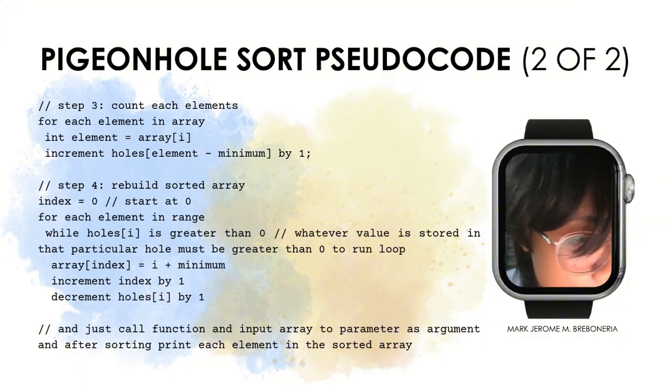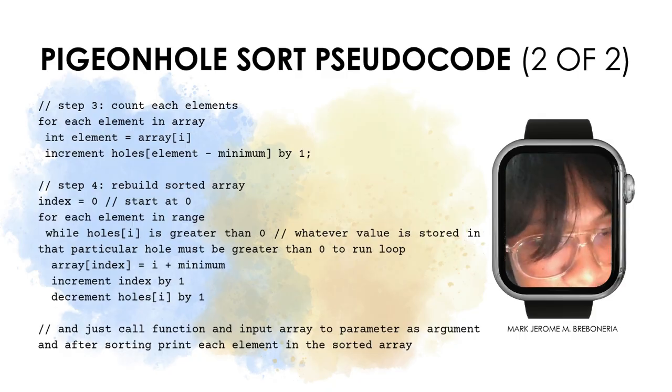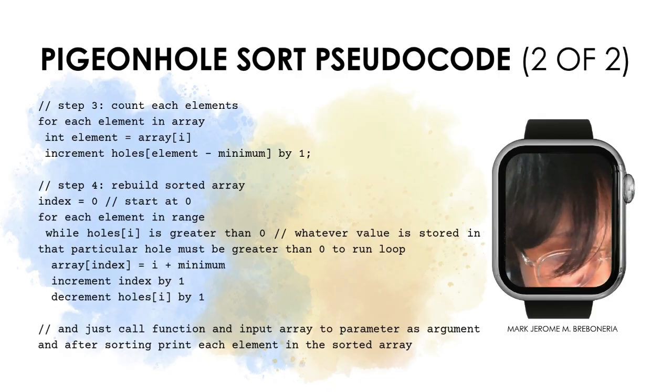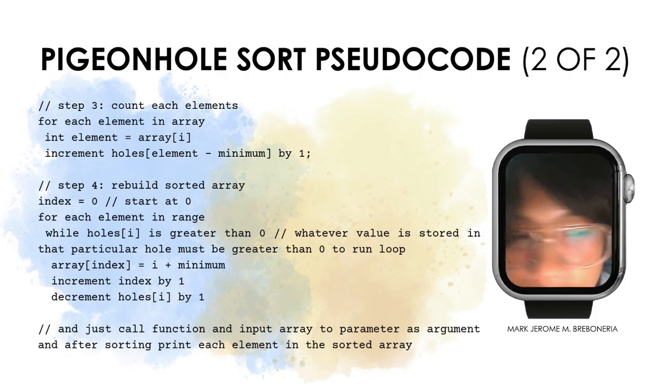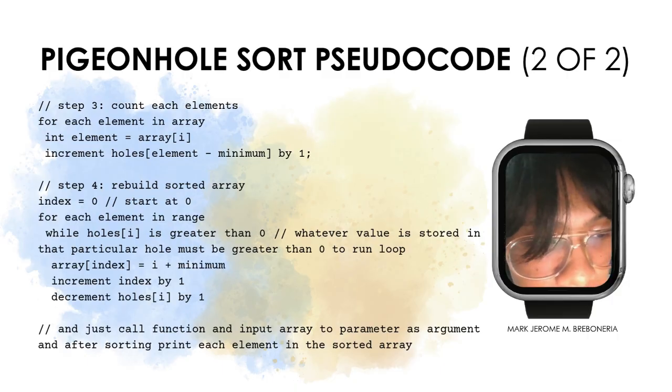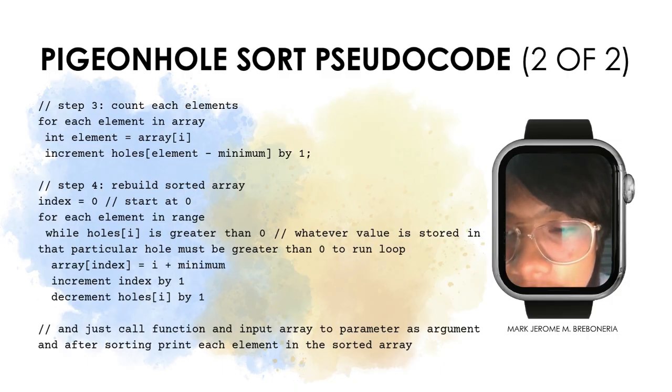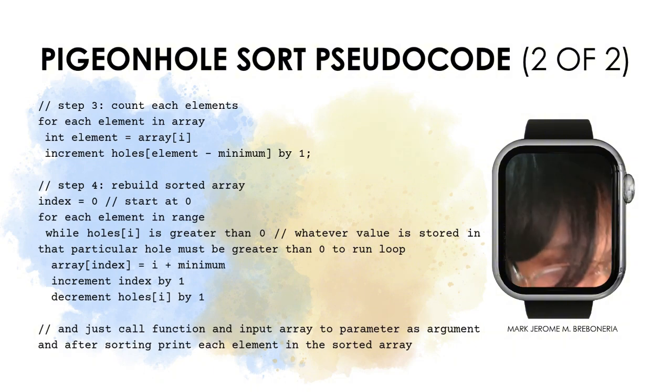Now, I didn't explain the code below that while loop, so I'll be explaining it. The array index, which is the element in that particular index, will receive the value of i, whatever particular iteration that is, plus the minimum. Because we subtracted the minimum from the element, and here we'll be adding it again.